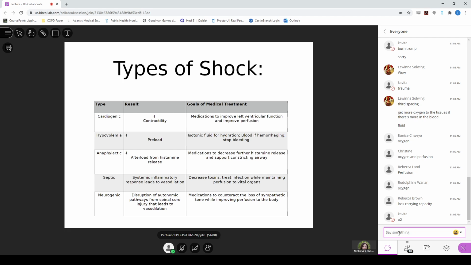Neurogenic shock. It's basically a widespread vasodilation, even though the cardiac function and your blood volume are normal. It happens with spinal cord injuries, drug overdoses. It can happen sometimes with spinal anesthesias. Treatment for this, you're going to administer vasoconstrictors.